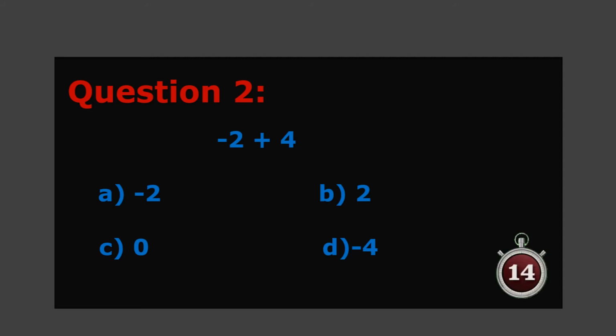Question 2. Minus 2 plus 4 is equal to A minus 2, B 2, C 0, D minus 4. What is the answer here? Well done. The answer is B 2.